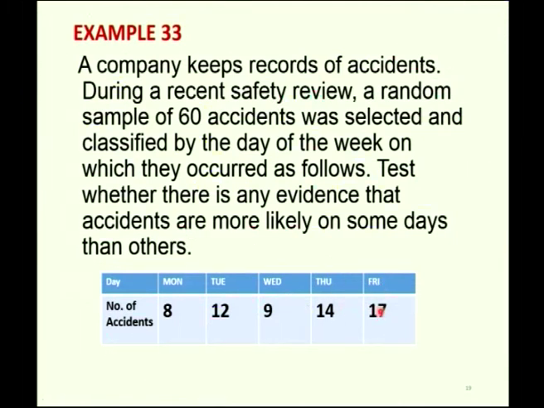Test whether there is any evidence that accidents are more likely on some days than others. It means whether the accidents are equally distributed over the week. This we have to test, and this particular case is studied using the chi-square test. First of all, we start with identification.